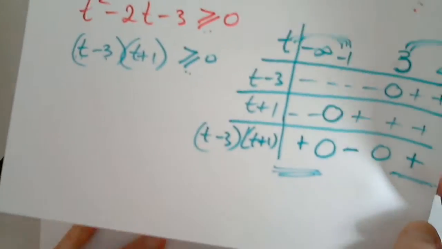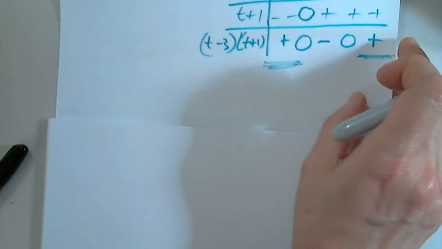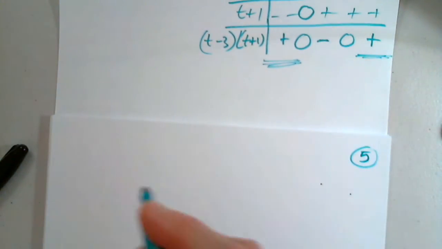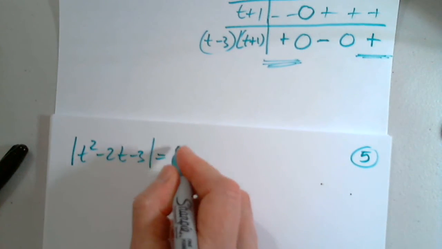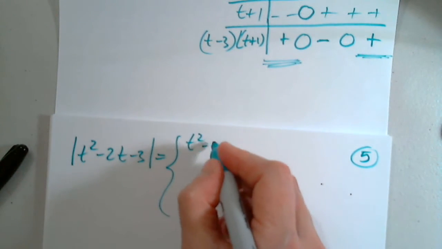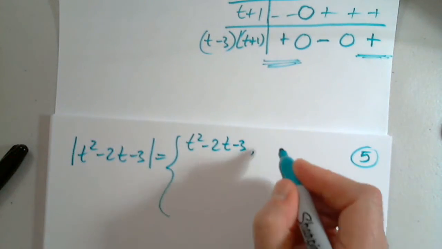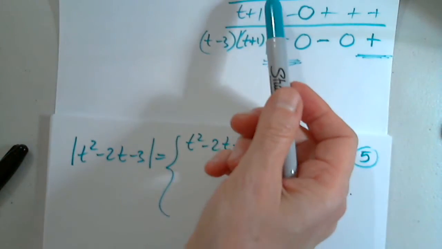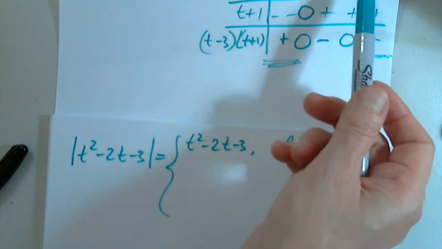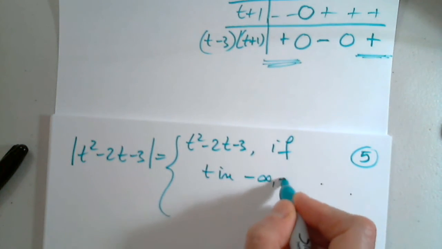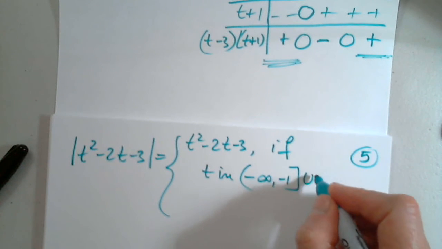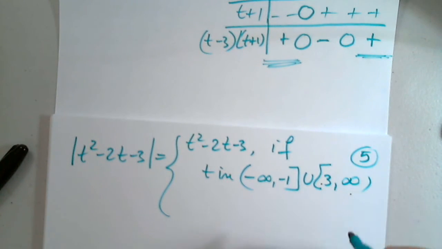So therefore, the absolute value of t squared minus 2t minus 3 is t squared minus 2t minus 3 if t is in the interval negative infinity to negative 1, union 3 to infinity.